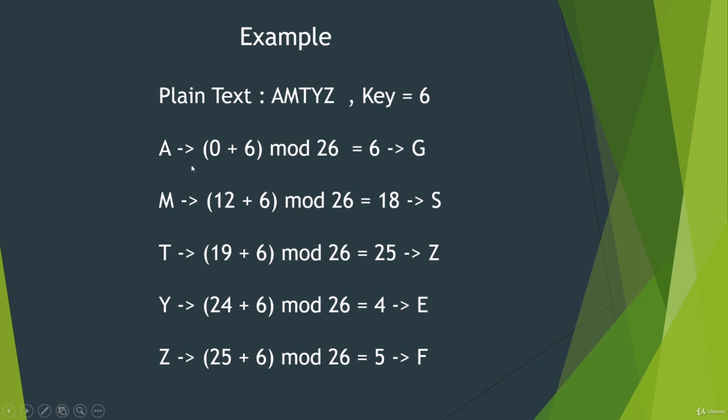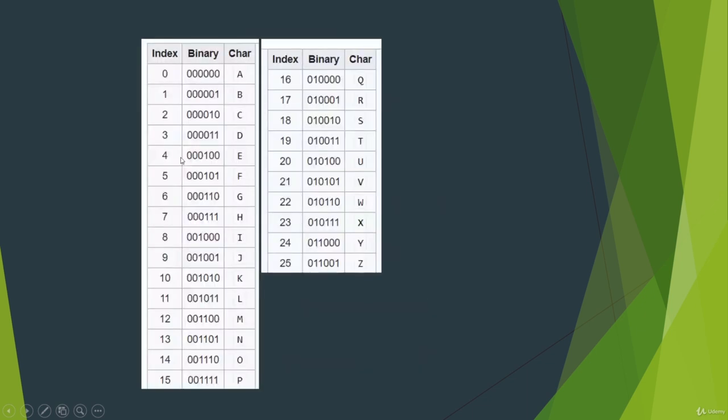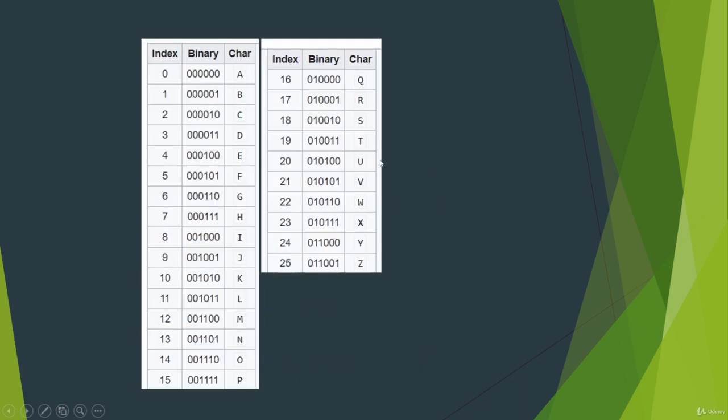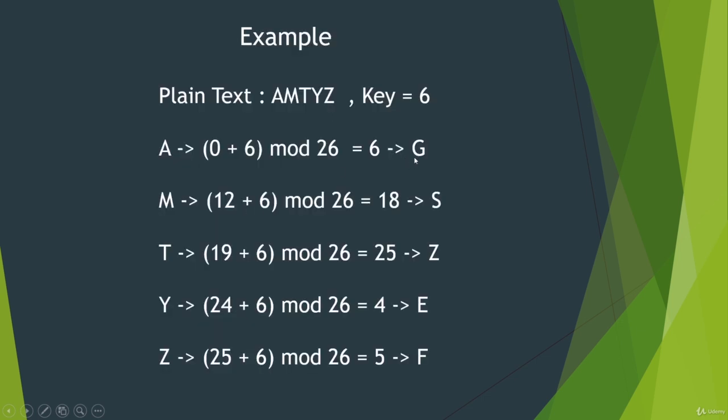Let's take A. In the previous table, let's find the index of A. A is at index 0, and you add the key, which is 6. 0 plus 6 gives 6, and after division with 26, 26 goes in zero times and the remainder is 6. If you look at 6 in the table, you get the value G. So write it down, G. Our A in the plain text has been converted into G in the cipher text.